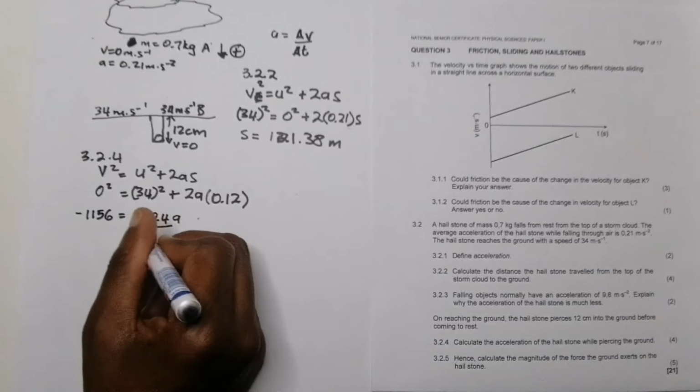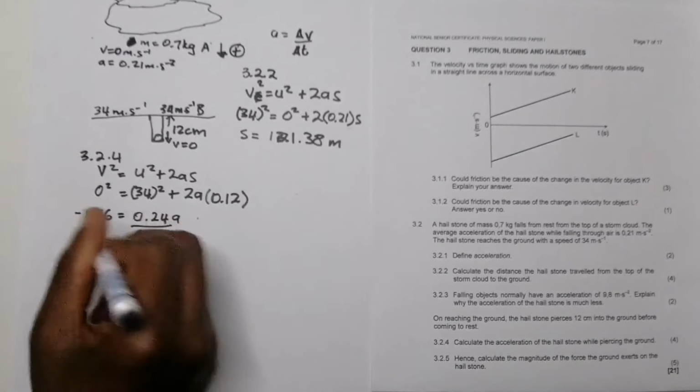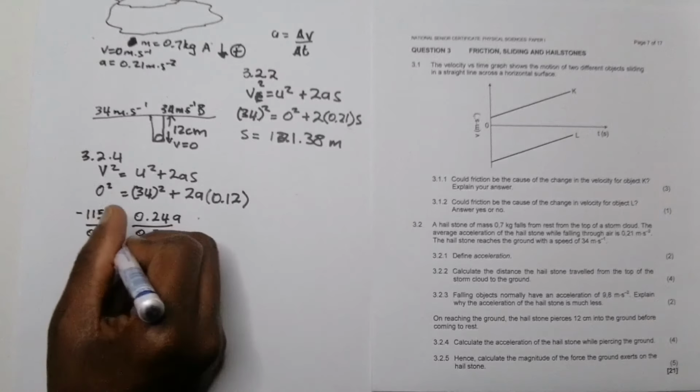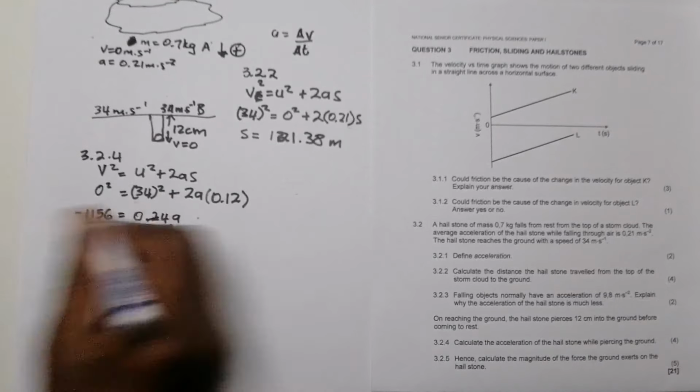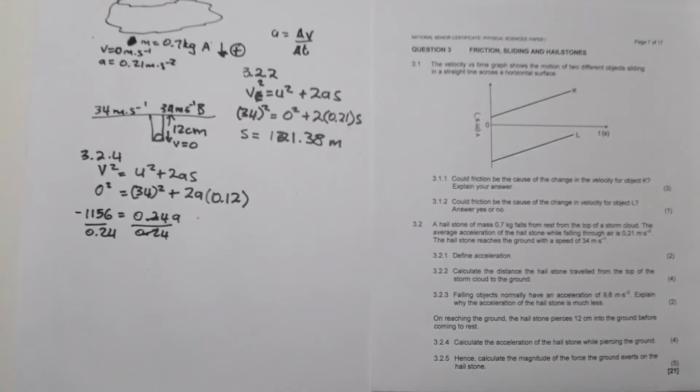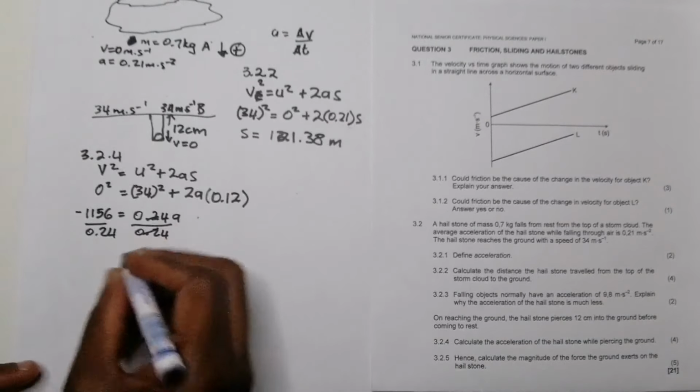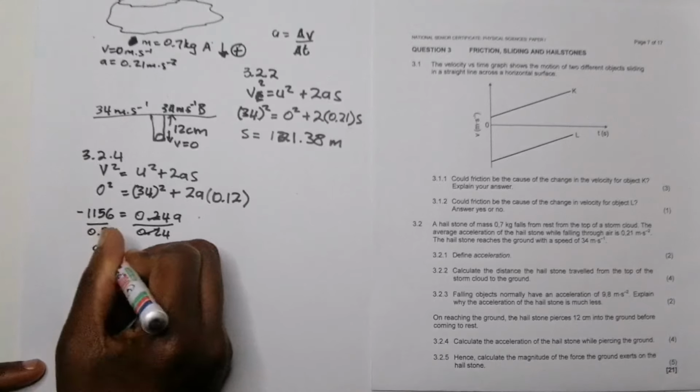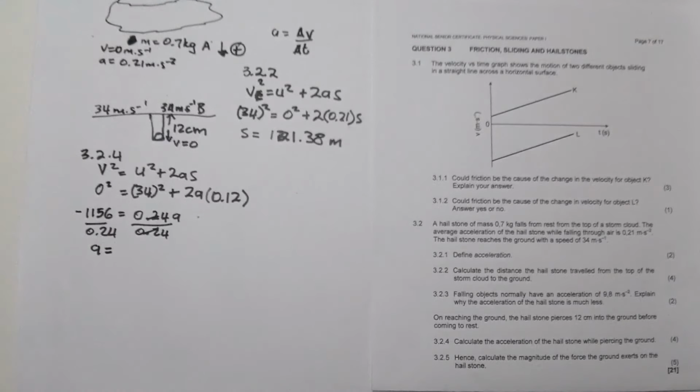So we can divide both sides by 0.24, and I get an acceleration. It's a massive acceleration. And I mean, think about it.